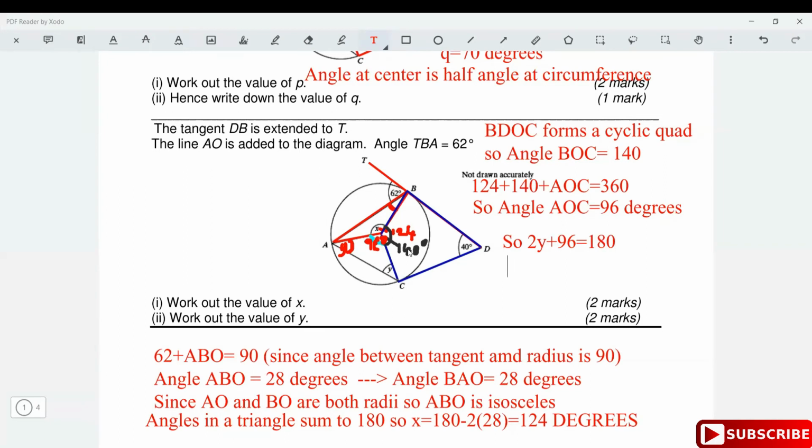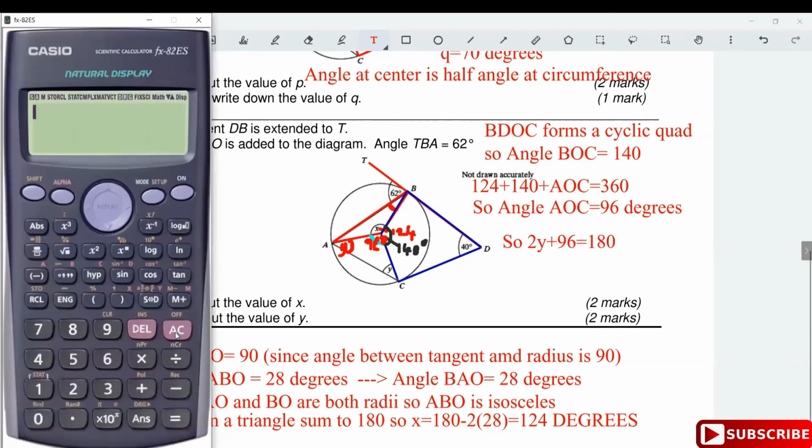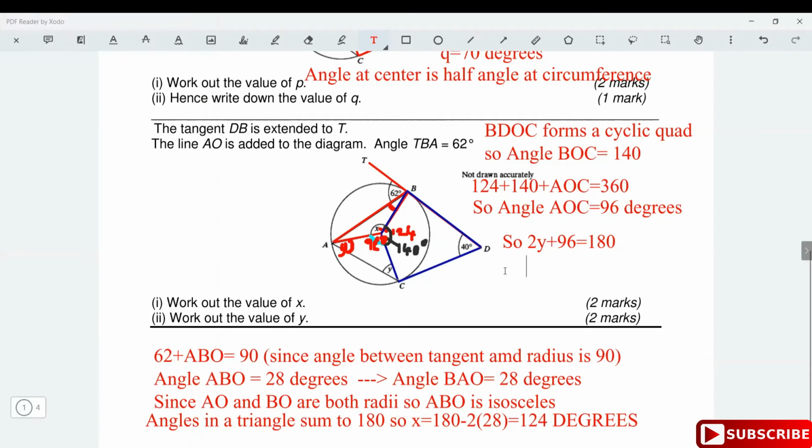You can subtract 96 from both sides. I'm going to just put it in the calculator: 180 minus 96, and then you divide that by 2. So y is 42. We can write that down: y is equal to 42 degrees.